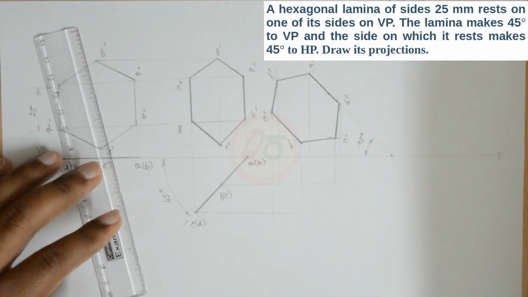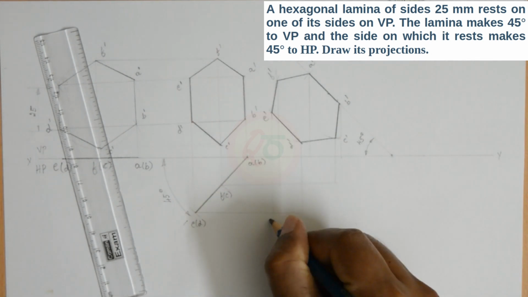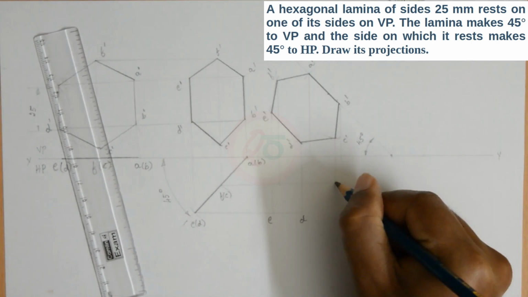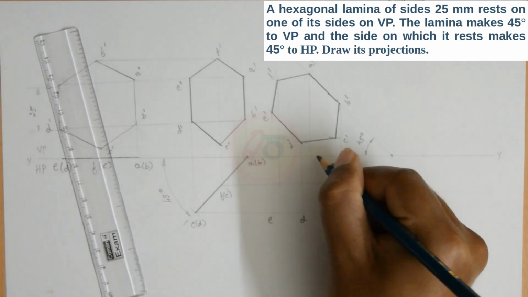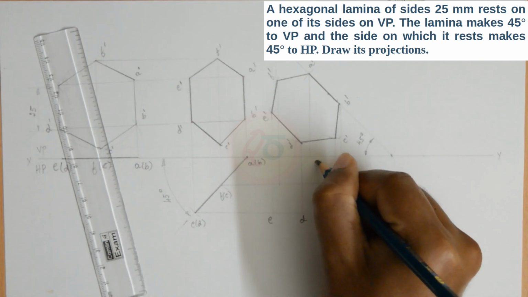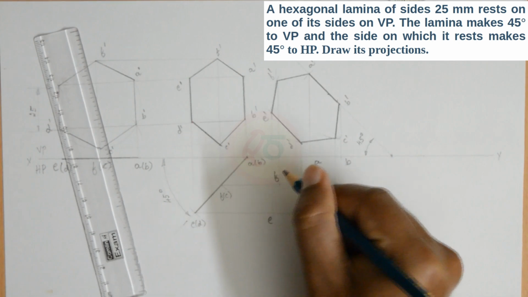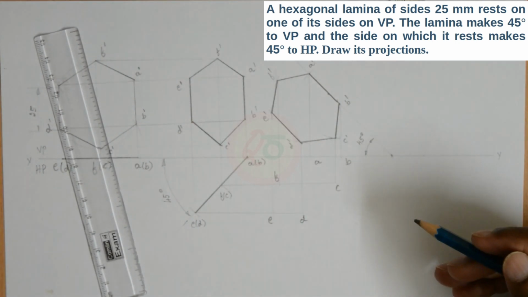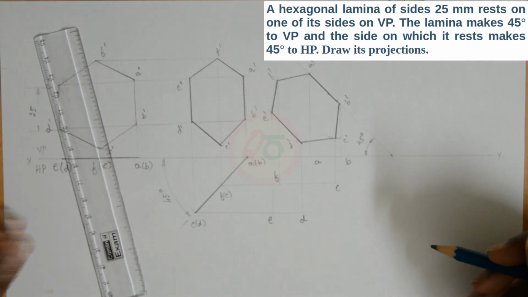Okay. Name the points. That is my recommendation before you connect them. So this will be E, D, this is C, B, A and F. Always make sure that A and B you don't write above the XY line, since it is part of the top view. It should be written in the HP space.